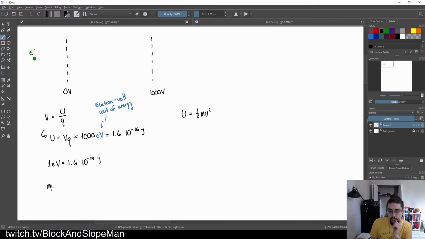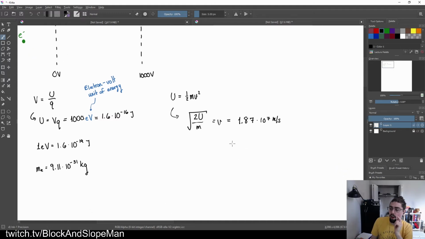The mass of the electron, of course, is the same as it has been, 9.11 times 10 to the negative 31st kilograms. Rearrange this: the square root of 2U over the mass of the electron is equal to the velocity, which we should be finding something like 1.87 times 10 to the 7th meters per second, which falls into the threshold lickety-split.